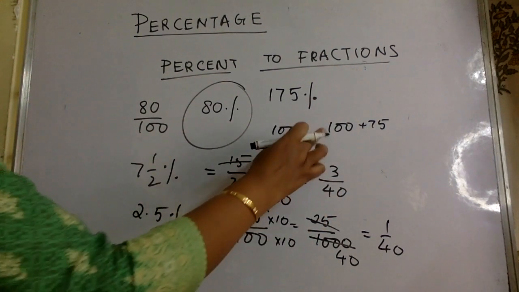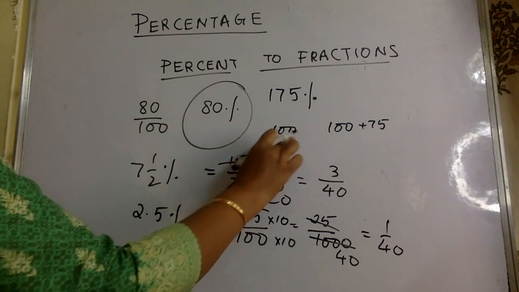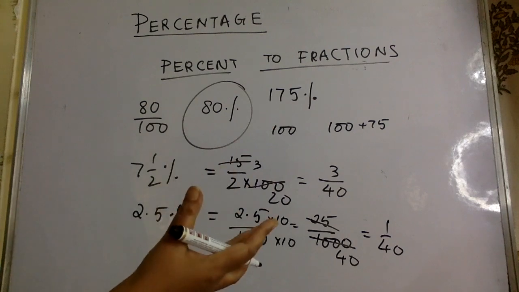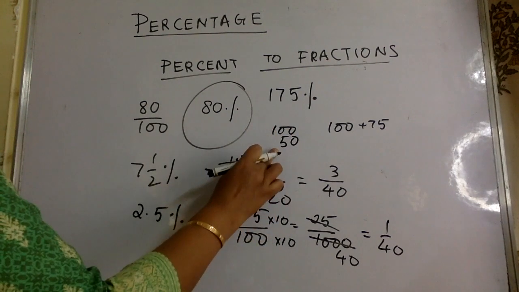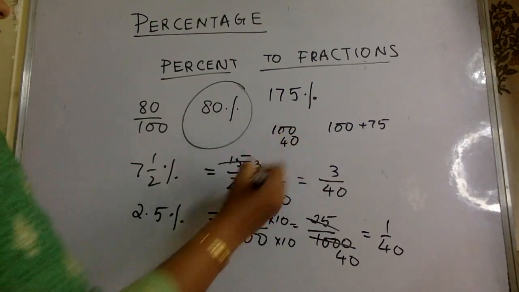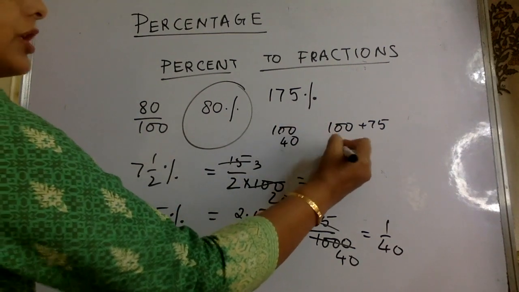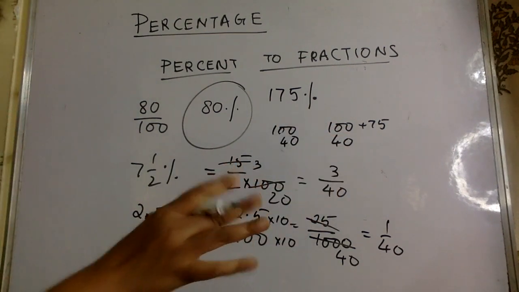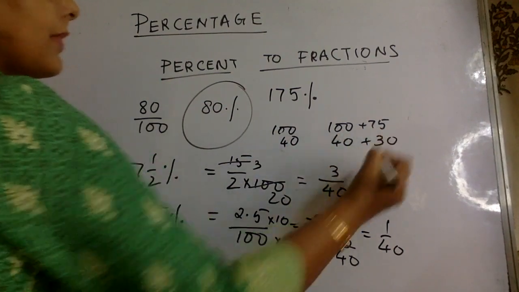This is simpler if I take the number as something other than 100, supposing 40. Then 175% of this means the full 40 first I have to take, that makes 100%, plus 75% of this will be 30.